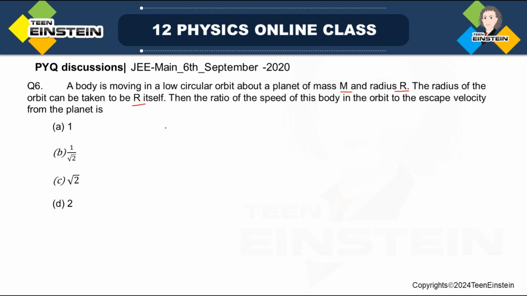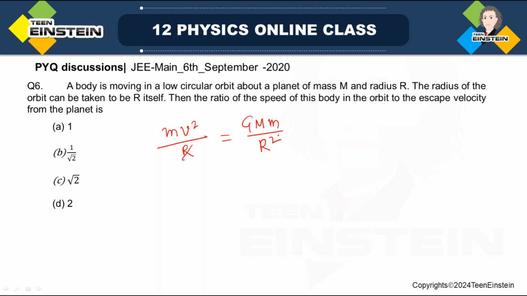If you know the escape velocity formula, you can directly write it down. Otherwise, I'll find the orbital velocity first. Orbital velocity: mv square by r, with r the radius, is equal to GMm by r square.